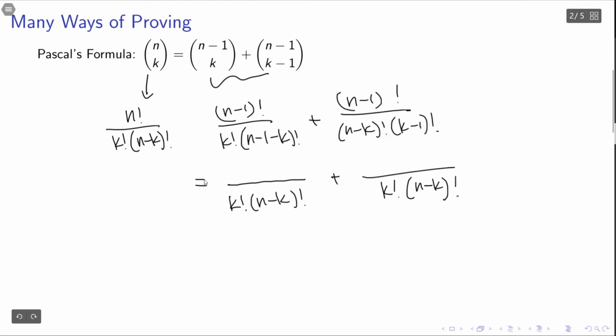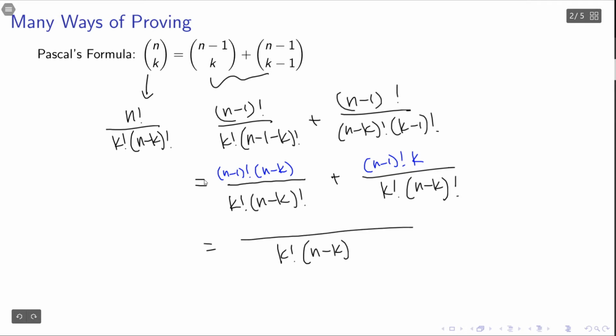And so on top here, I'm going to have n minus 1 factorial, that's the old term, and you multiply by n minus k. And on the fraction on the right, I've multiplied by k, so it's n minus 1 factorial times k. So I can combine these two into one fraction, and note that my denominator already matches the denominator of the left-hand side.